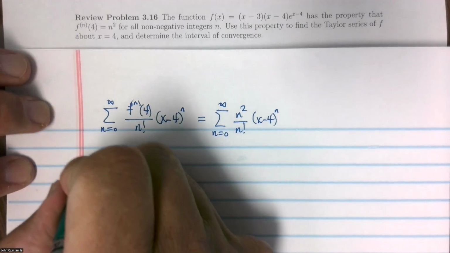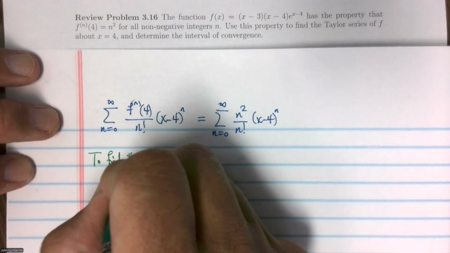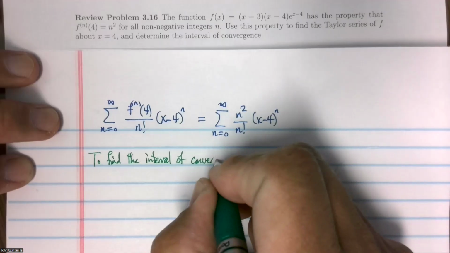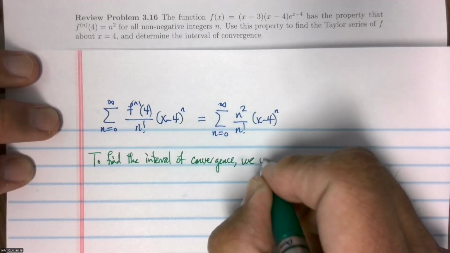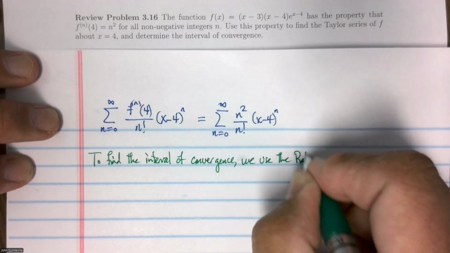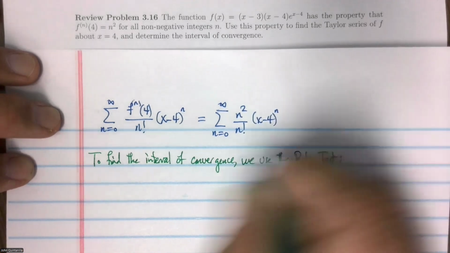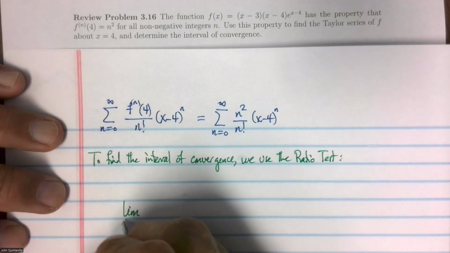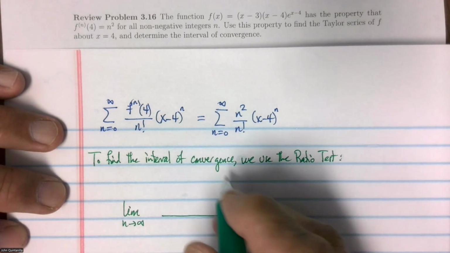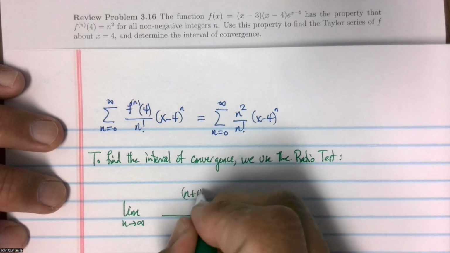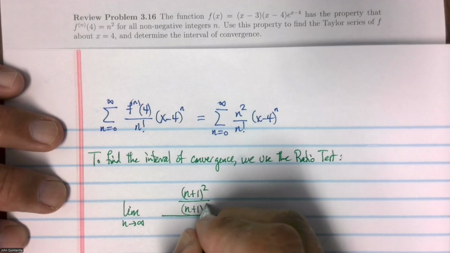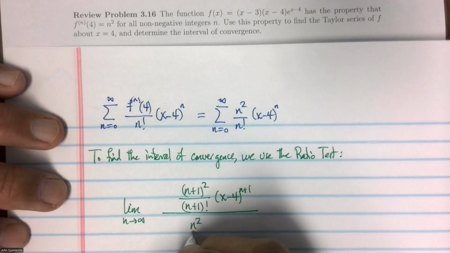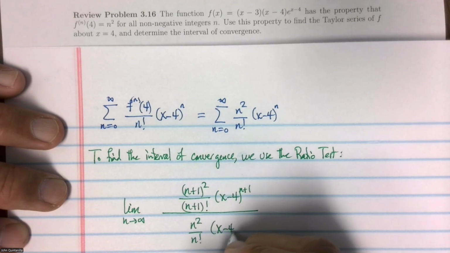To find the interval of convergence, we use the ratio test. Okay, and so let's see, limit as n goes to infinity of, on top, I would have (n + 1) squared over (n + 1) factorial, (x - 4)^(n + 1), all over n squared over n factorial, (x - 4)^n.